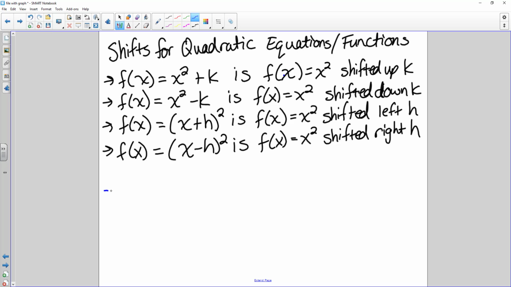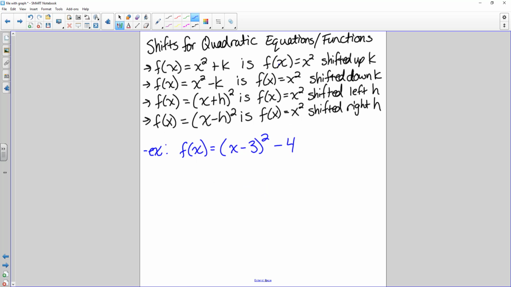So let's do one more quick example using what we just figured out. If I want to graph f of x equals x minus 3 squared minus 4, we're going to use this information. We're not going to plot points. So based off of this, minus 3 on the inside means I'm going to go to the right 3.